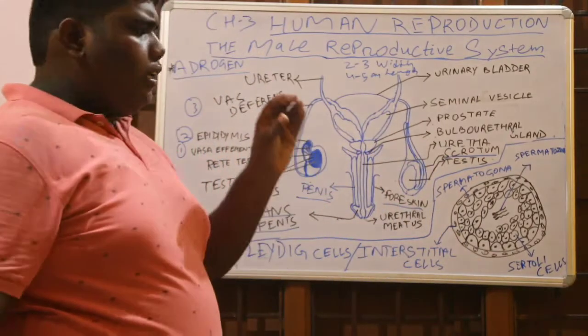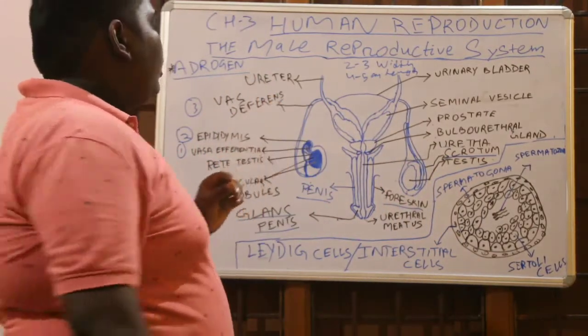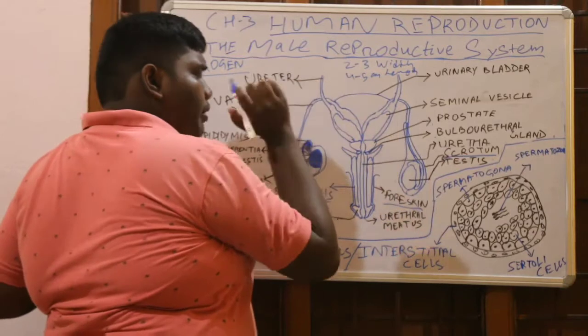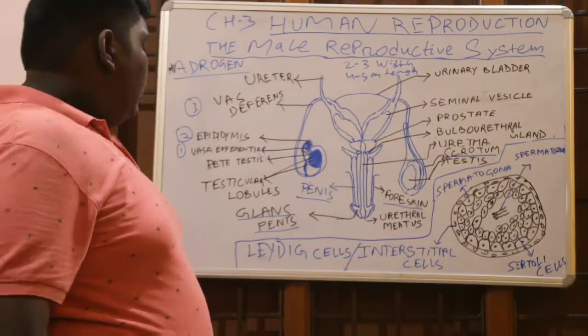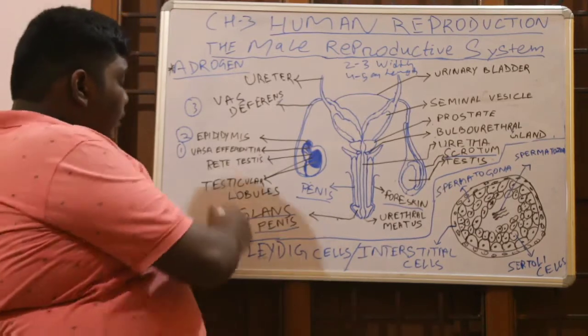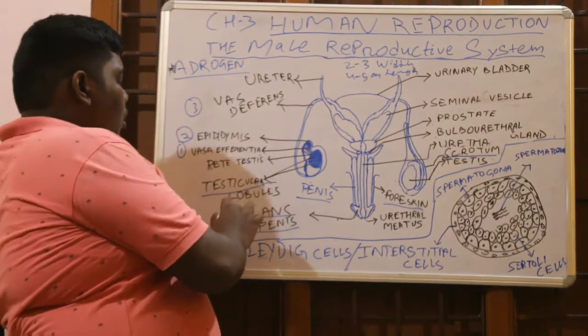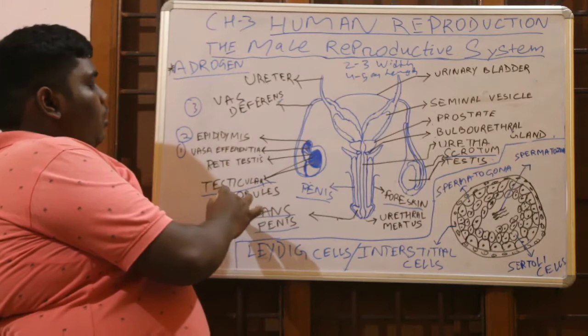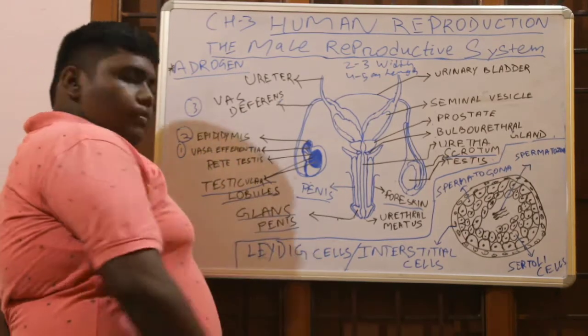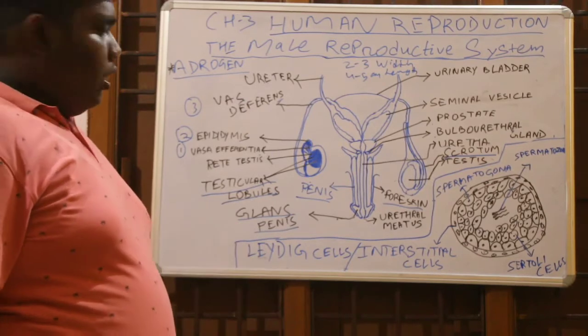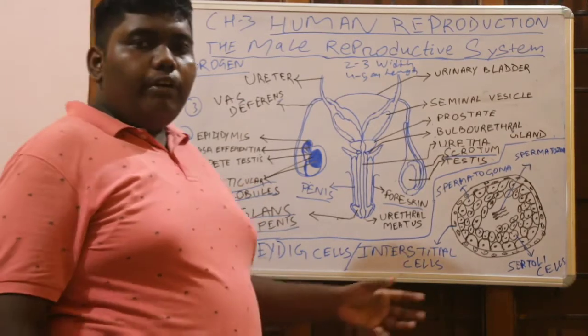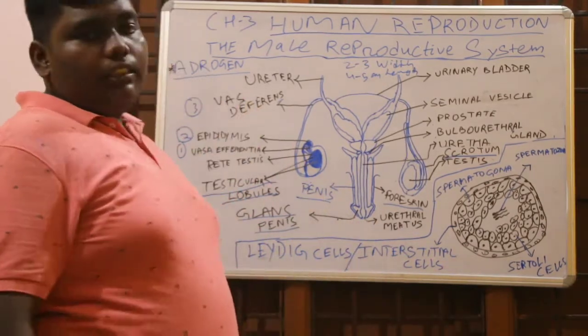They are really near about this size. These testes contain near about 250 compartments that are called testicular lobules. These lobules are the structural unit of the testes.